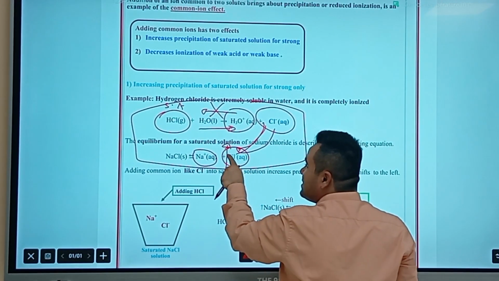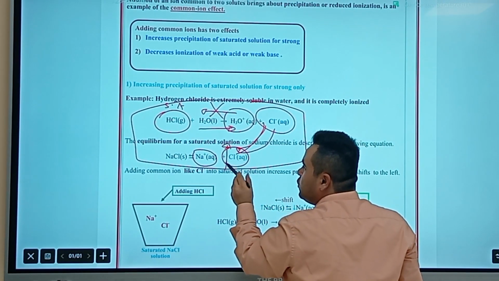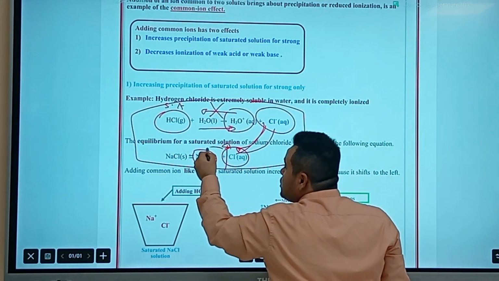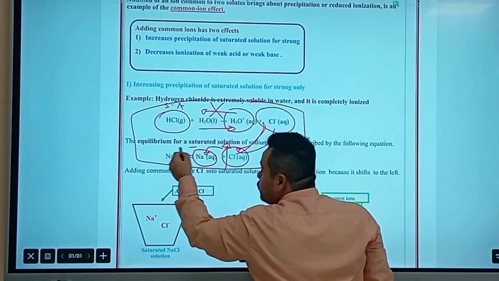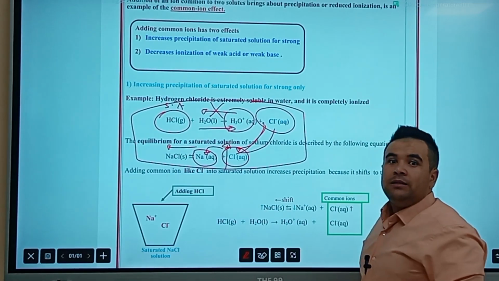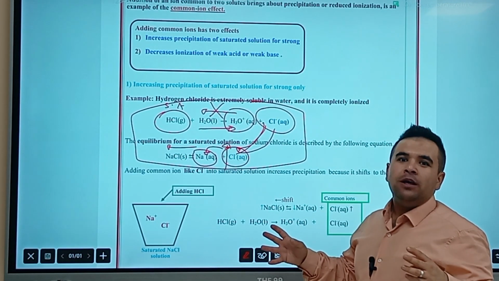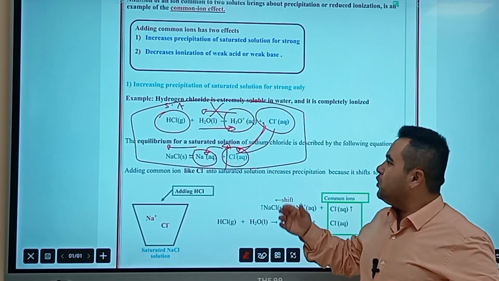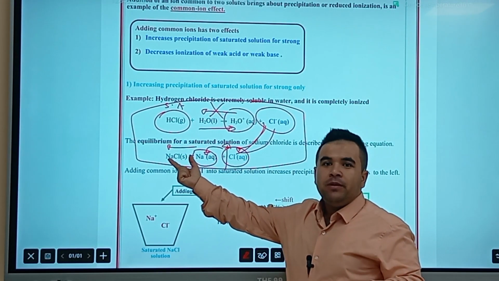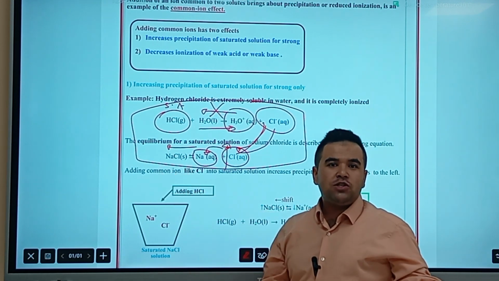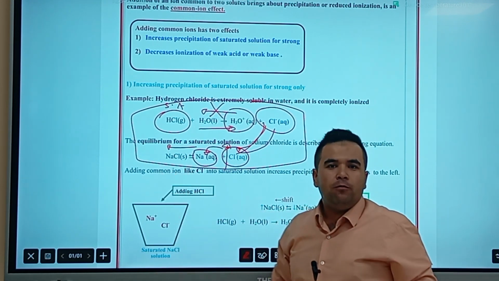And when it increases the Cl in this equation, the extra amount of Cl reacts with Na to form the salt. Of course, in a saturated solution. The solution must be saturated in order to form the insoluble NaCl. Otherwise, if it's not saturated, NaCl will dissolve.